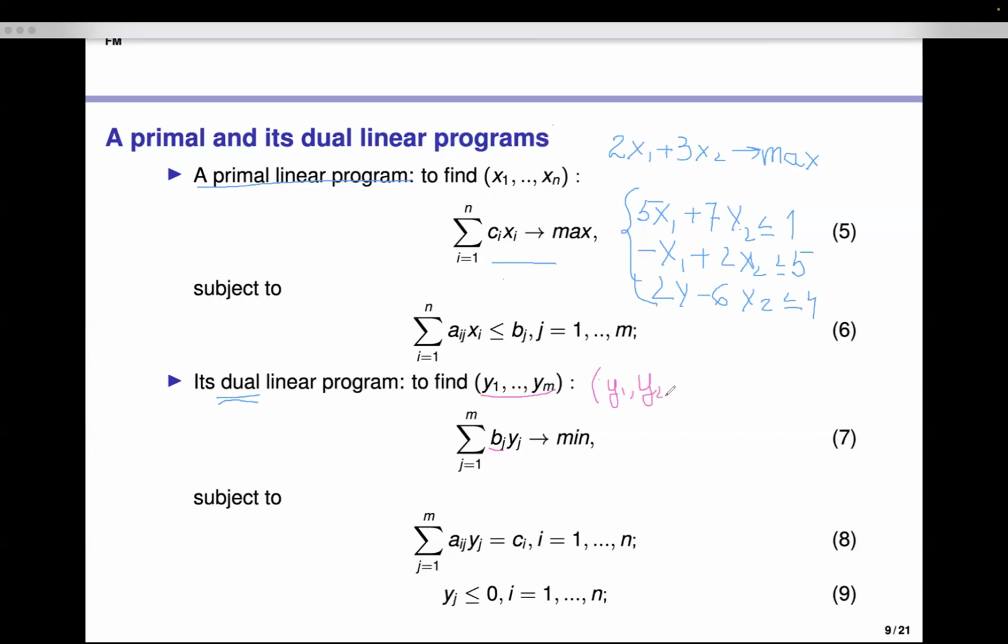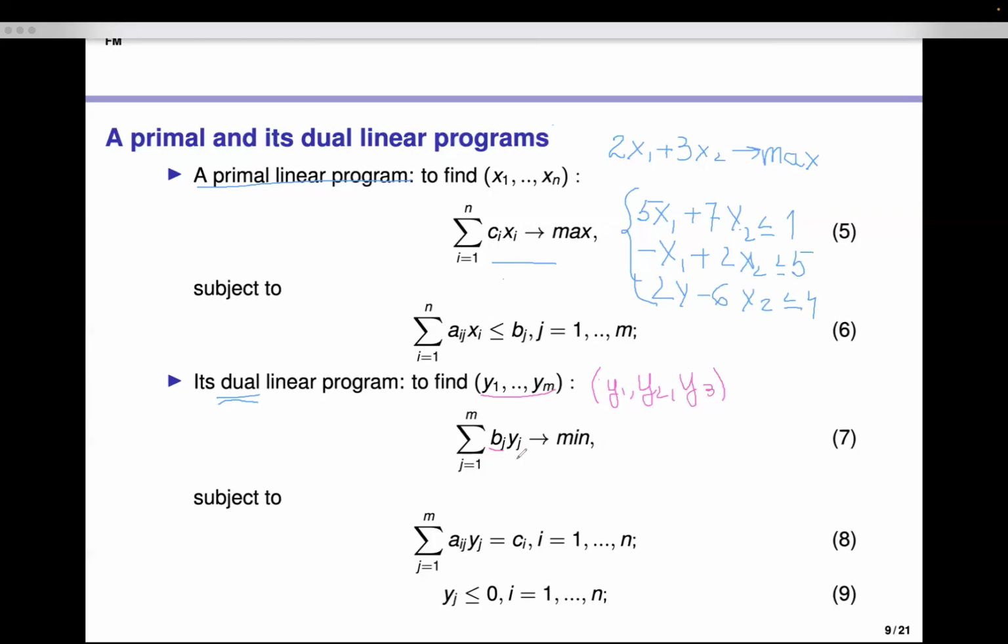Yes, 3. Why? Because it is how many linear inequalities we have in the primal program.